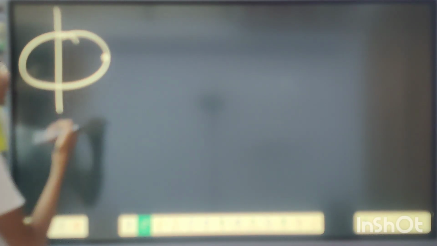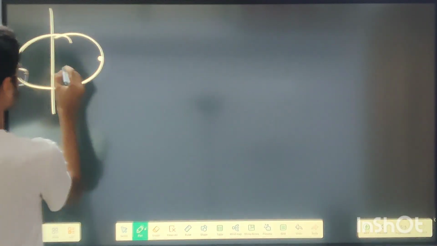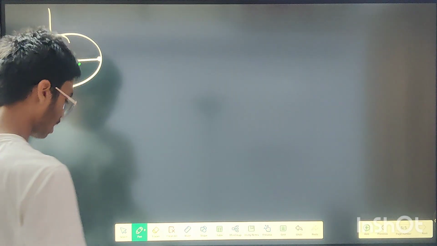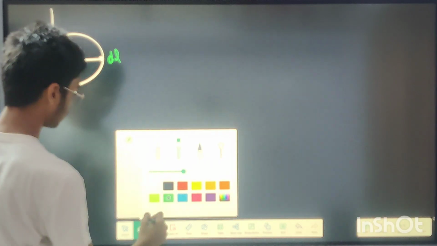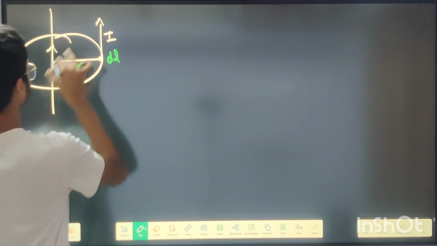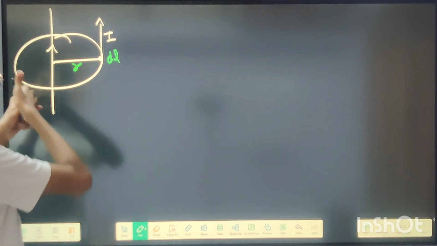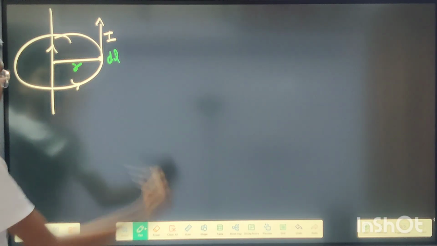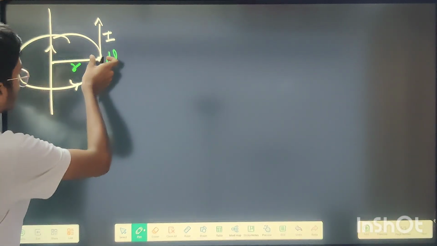See, this is the magnetic field, this is the point, and this is the straight wire, and the magnetic field is caused by the straight wire. The total distance is r, then this is dl, and this is I, because the current is going in this direction only. If the current is going in this direction, then the magnetic field will be in this direction.